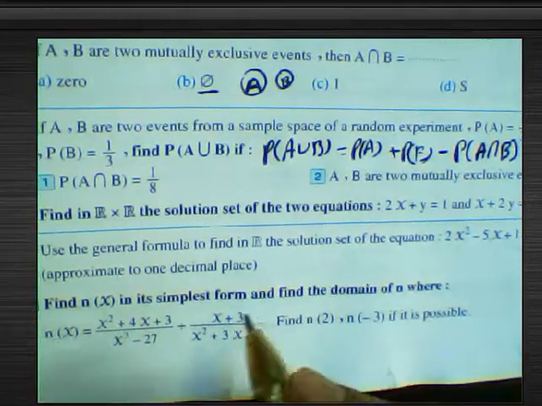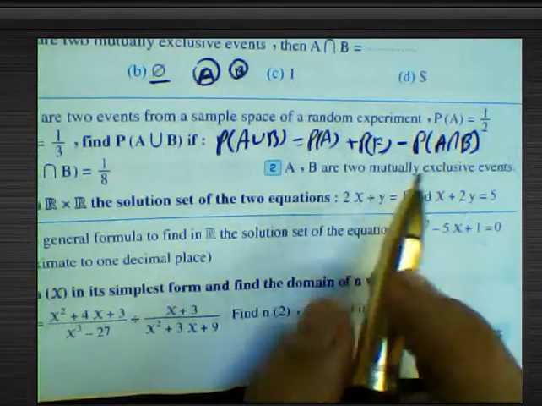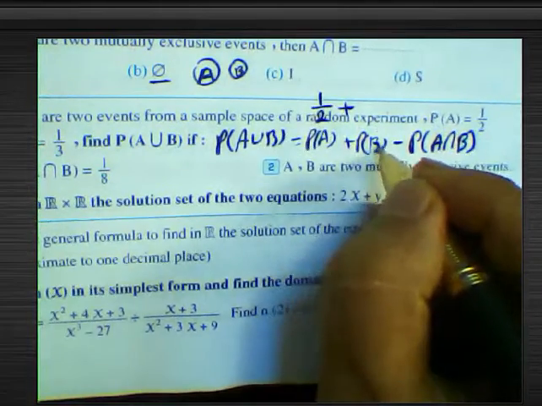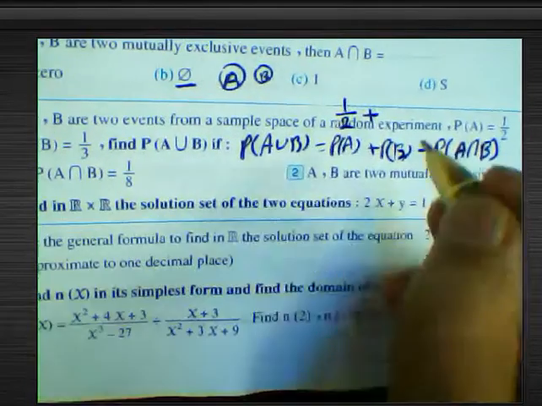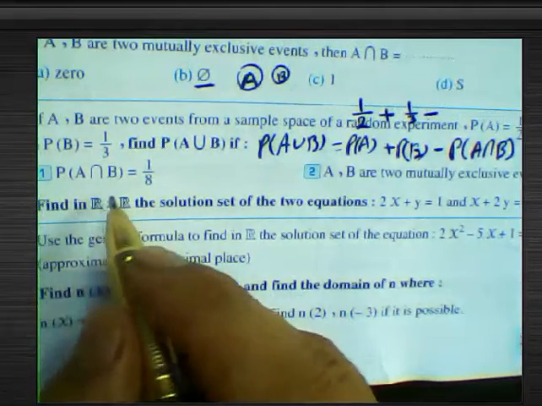We know probability of A was half, so the result will be half, plus probability of B, which was a third, subtract the intersection of A and B, which equals 1 over 8.